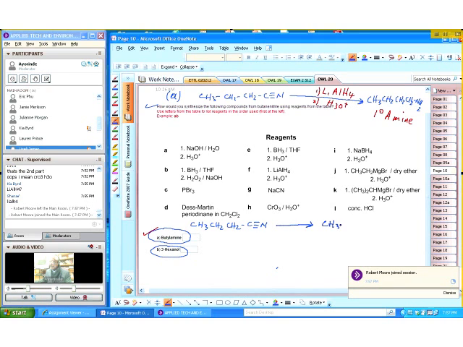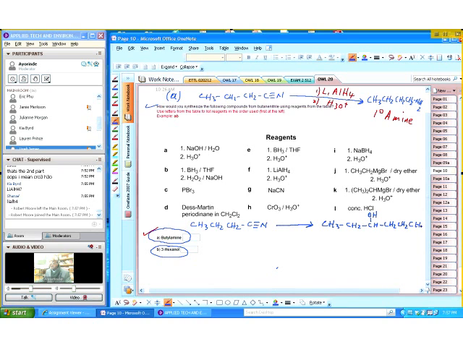Yeah, they want us to make an alcohol. That is 3-hexanol. They want us to make this from here.